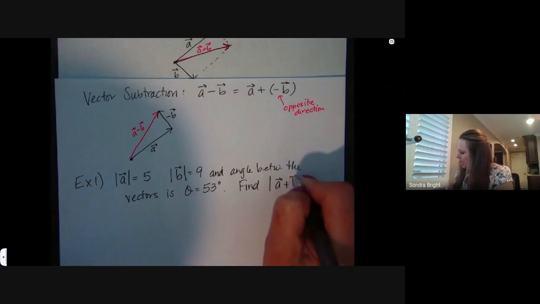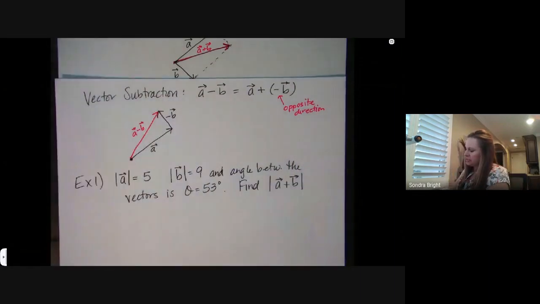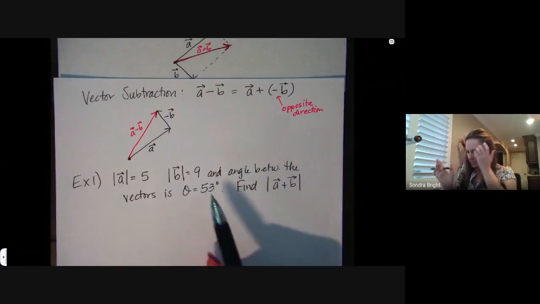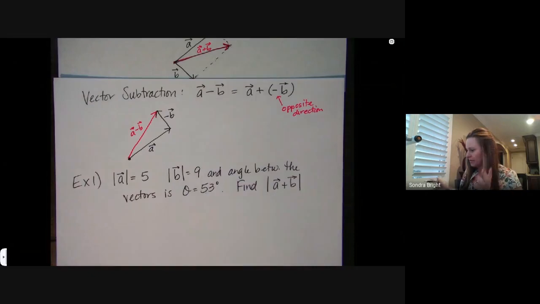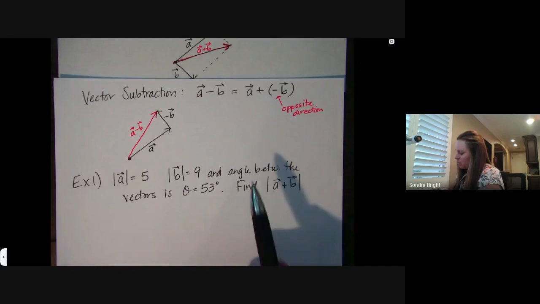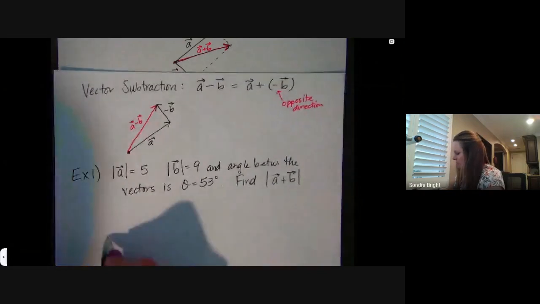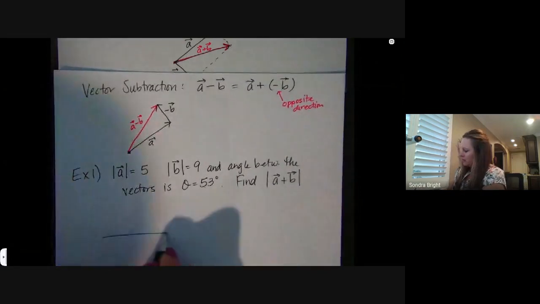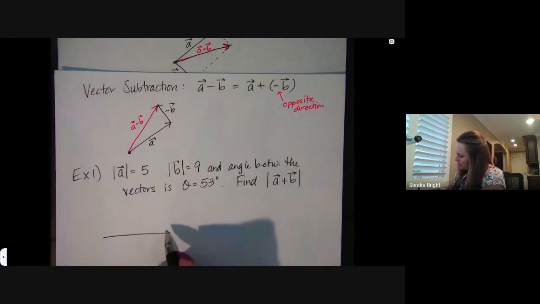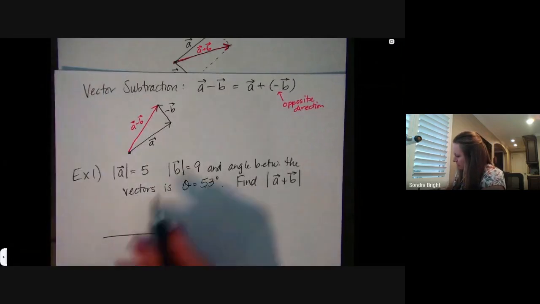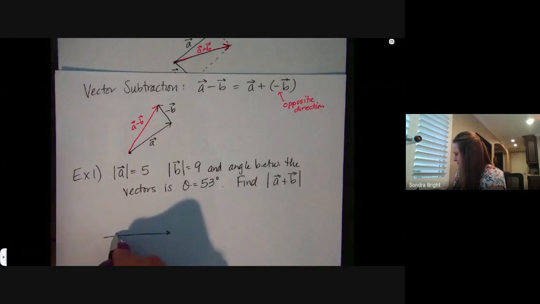So when they tell you the angle between the two vectors is a certain thing, you have to do them tail to tail. You've got to start them at the same point when they give you the angle between them. What I usually do is draw one of them horizontal because it's the easiest. I'll make that the longer one. Then 53 degrees would be about, maybe a little bit less than that.